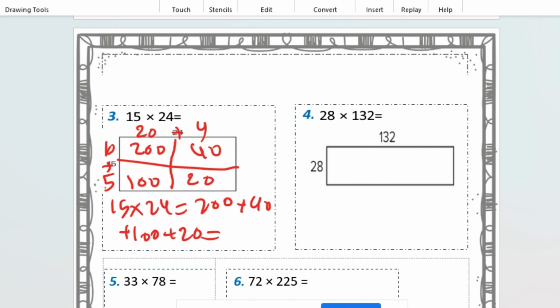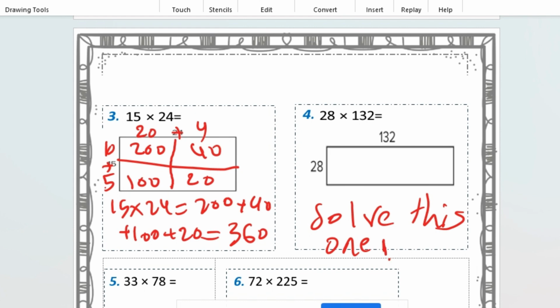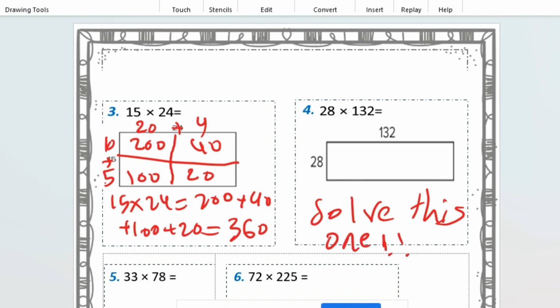So 200 plus 100 is 300, plus 40 is 340, plus 20 is 360. And I'm just going to make you solve this one on your own. Okay.